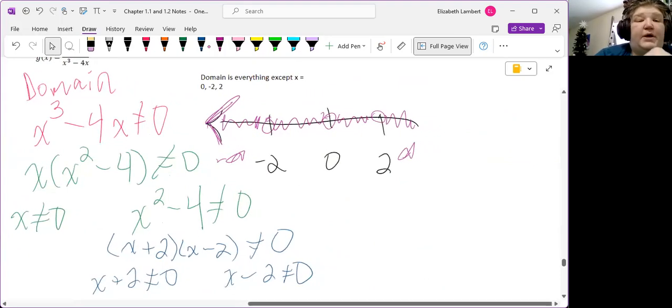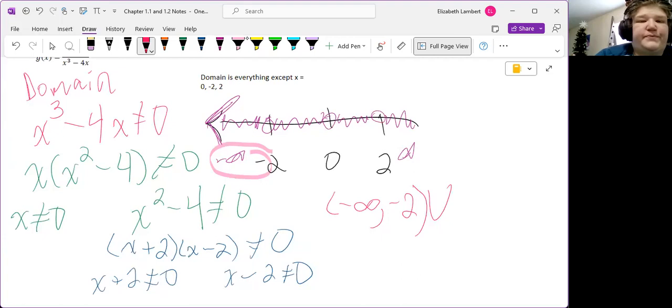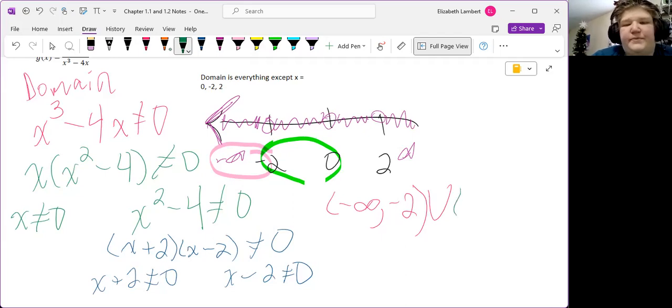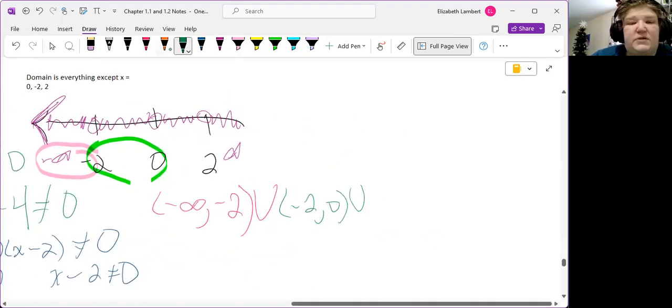All right, so when we go to write this, the first interval is from negative infinity to -2. Then we have another one, so we stick a union symbol. Our next one is from -2 to 0. Everything is parentheses here because we cannot include these values.